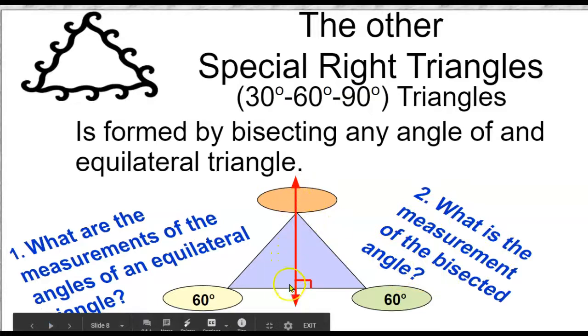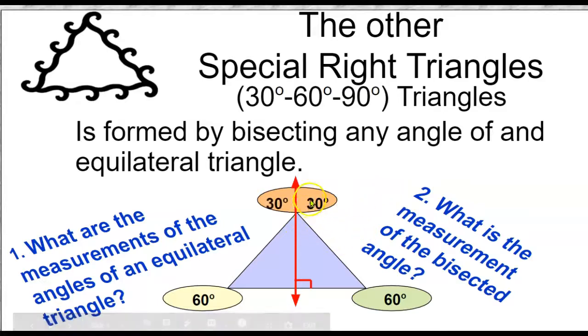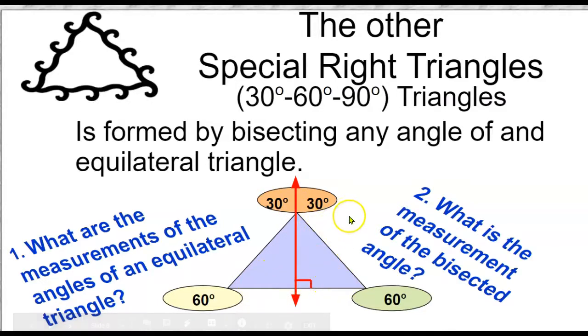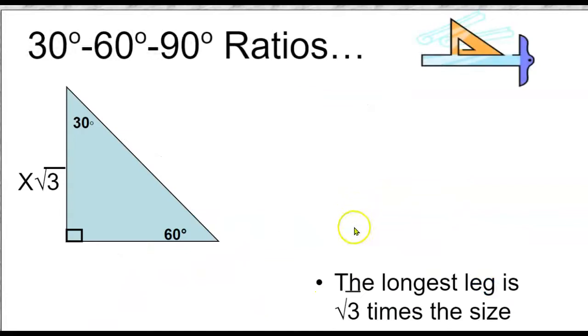So if we bisect an angle, we're going to make it perpendicular to one of the sides. Then what's the measurement of the bisected angle? So this one is 60. So if it's bisected, then that means it divides it into two equal parts. So the altitude of an equilateral triangle forms two right triangles. And these are our special types of right triangles, which are 30-60-90.